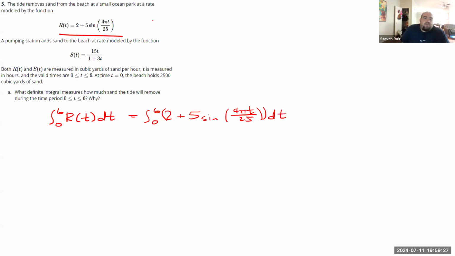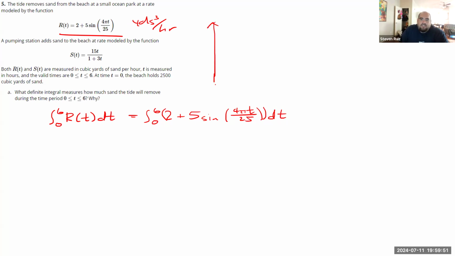This function right here is a rate function, and this rate is given in cubic yards per hour. I want to find how much sand will be removed, so that's going to be a volume, not a rate of change of volume, just a volume in cubic yards. Let's say I had a graph.